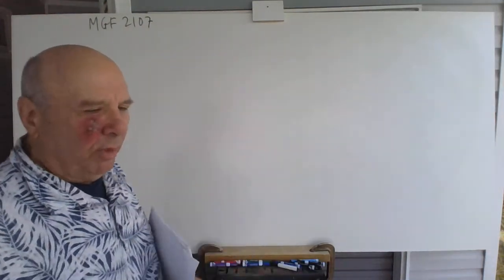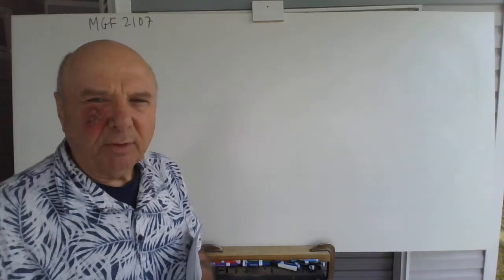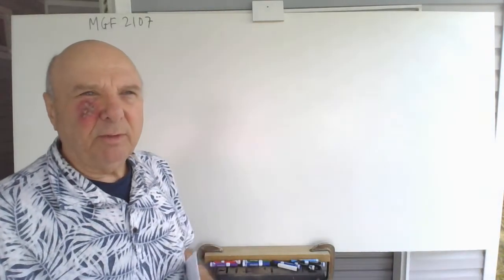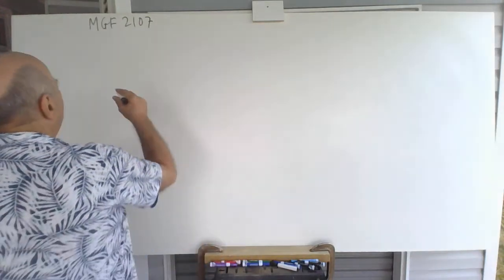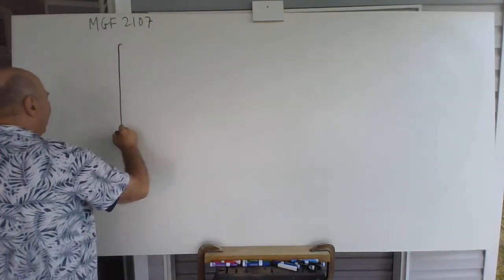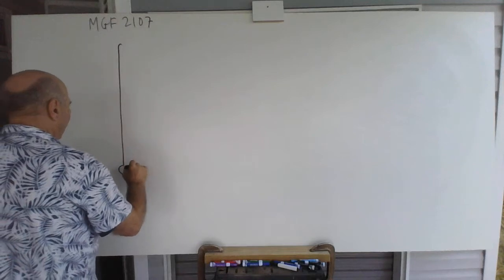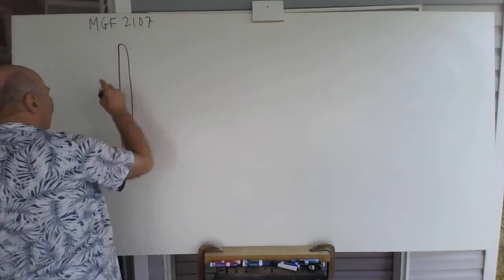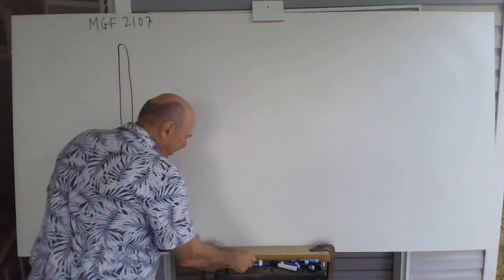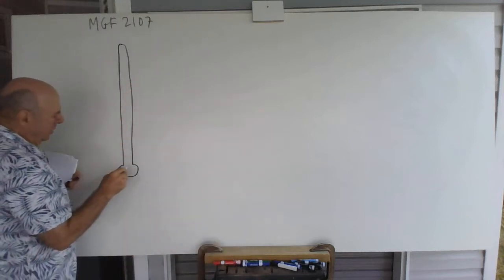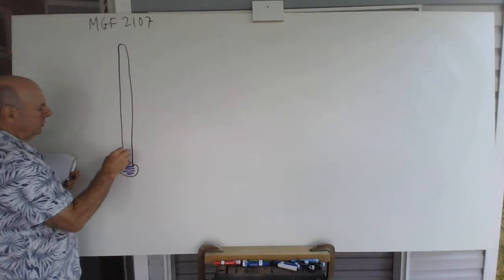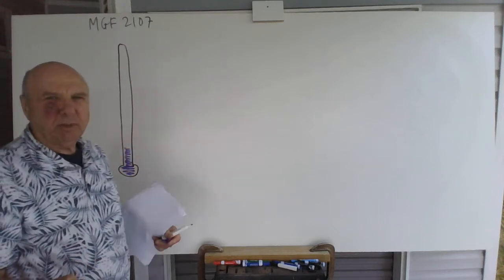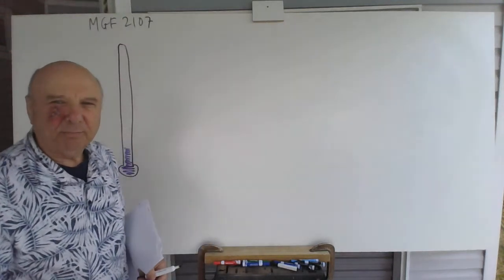But what's basically going on is we have a thermometer. A thermometer is an evacuated glass tube with mercury in the bottom in a little bowl like this. And the mercury rises with heat because the temperature changes to pressure, Boyle's law, whatever.